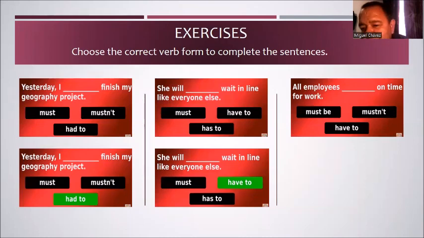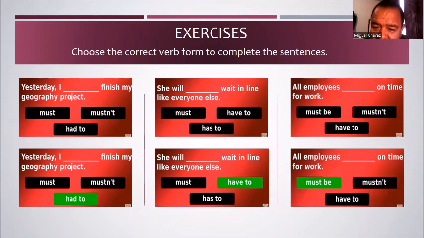Must be, mustn't, have to. Which of them completes it? Yes, please, Emmanuel, thank you. All employees must be on time for work. Let's check the answer. Must be. Thank you, Emmanuel. Yes, all employees must be.